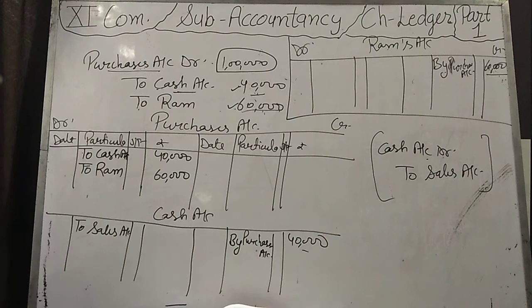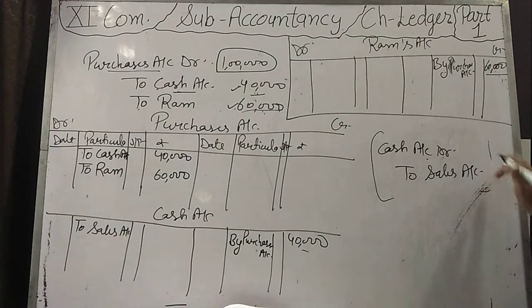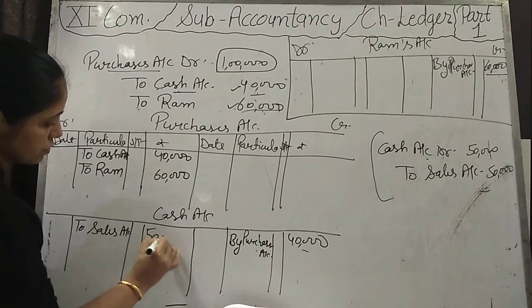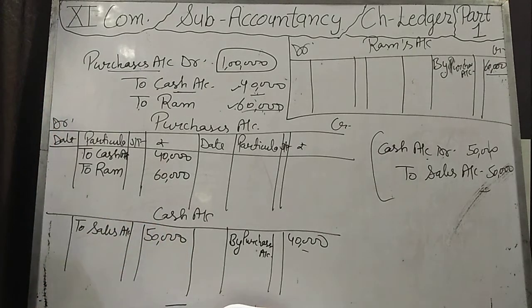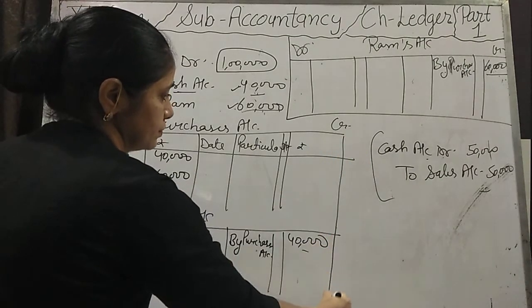Amount is, how much amount is given to you? Like amount is here 50,000. Then in cash account, to sales account we will write here 50,000. And one more account we will make, sales account. है ना? Same like this.